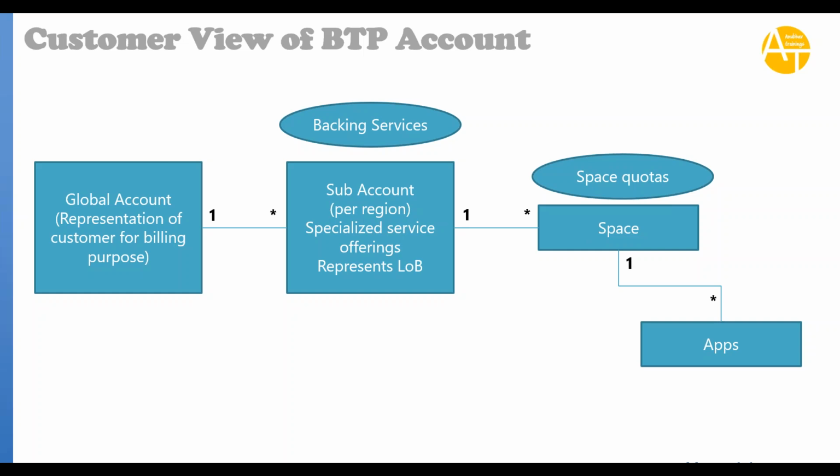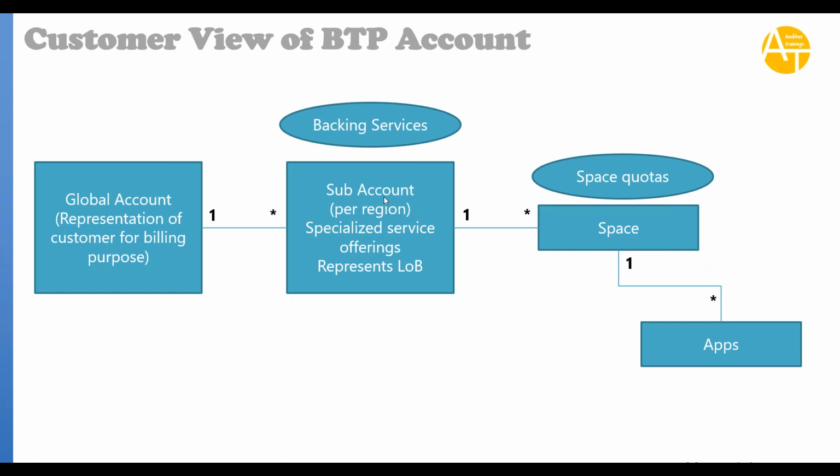You want each subsidiary, entity, or department to segregate their memory usage, their HANA usage, their service usage, because services are costly. Each service costs differently. You may not need all the services in all the regions and departments. You need selected services in selected departments and regions.